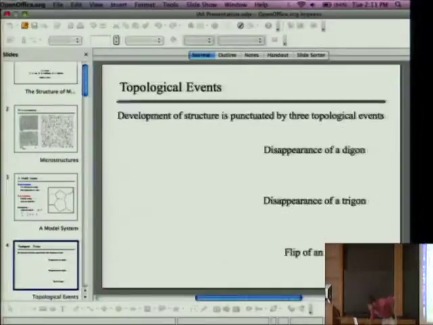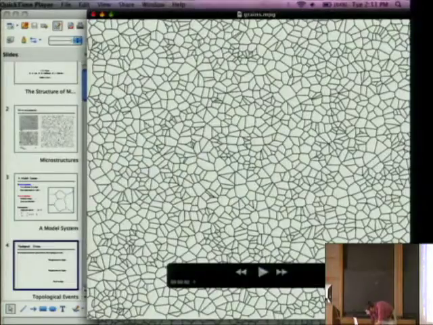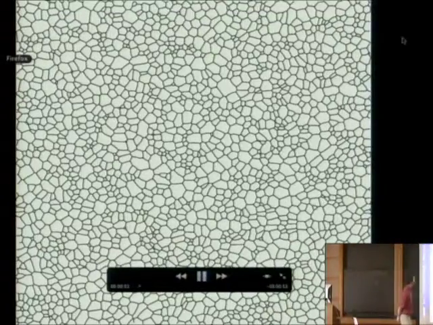So here is a video of one of these things happening. So that's the Voronoi to begin with? Yep, that was a Voronoi tessellation containing points that were randomly distributed on the torus. It's just a unit square with the opposite edges identified that started with about 2,000 cells.